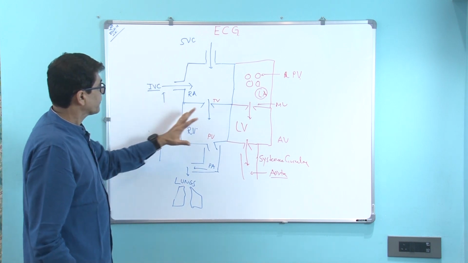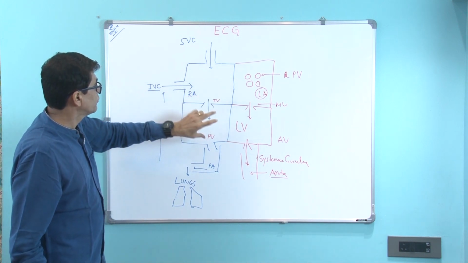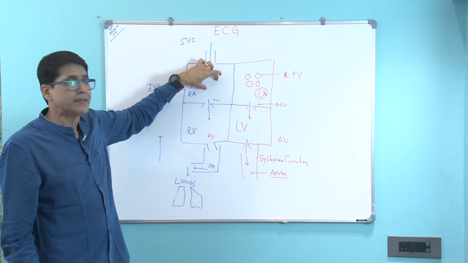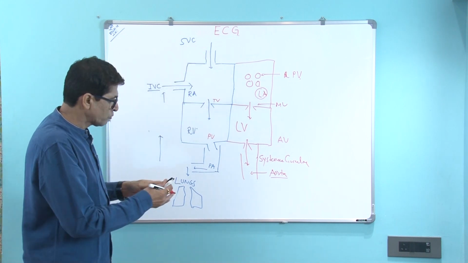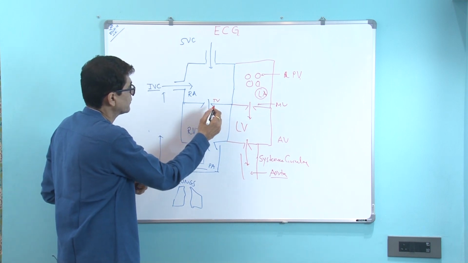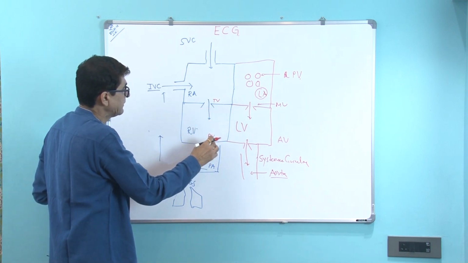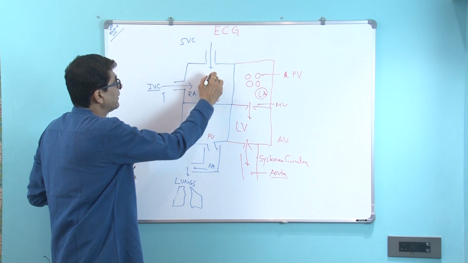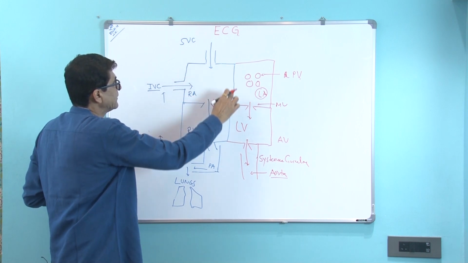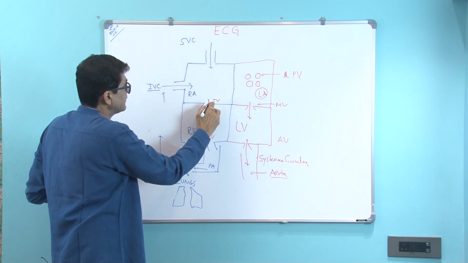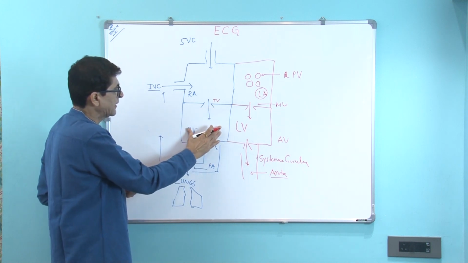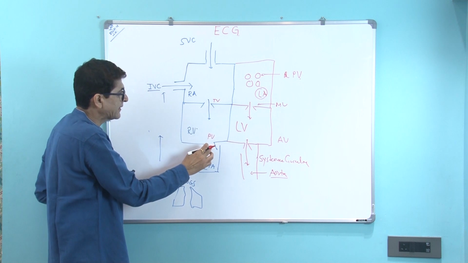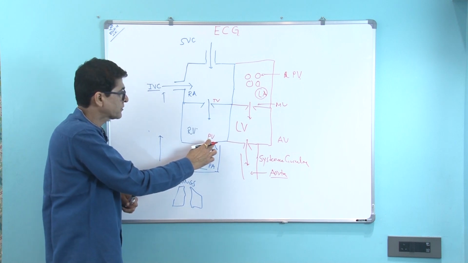Now here I want to tell you, when blood comes into the RA from the venous circulation, the tricuspid valve is closed. When the blood is accumulated in the right atrium, this valve opens and the blood gets collected into the right ventricle. At that time the pulmonary valve is closed.